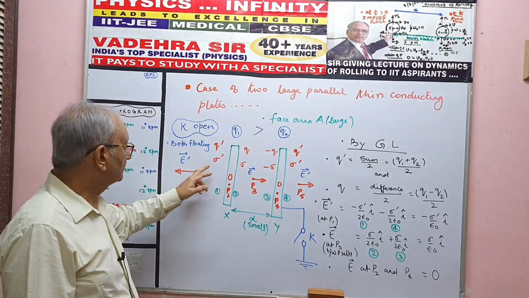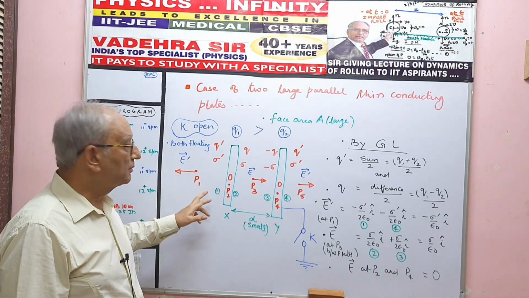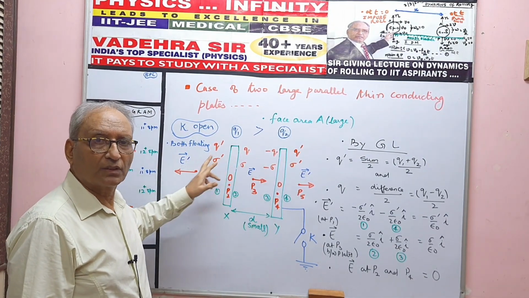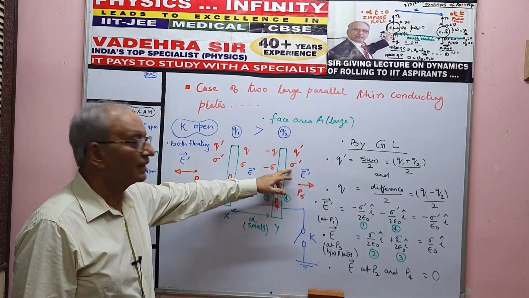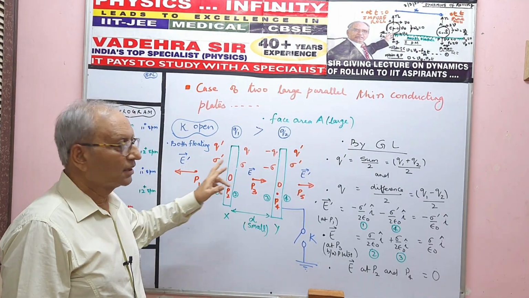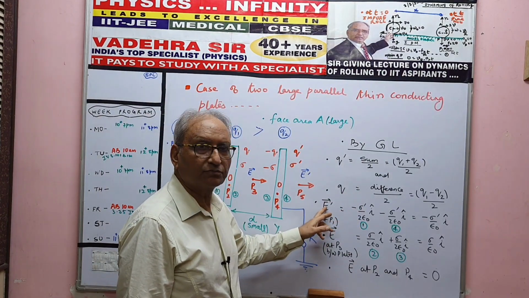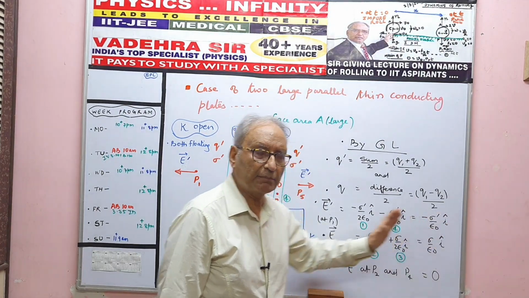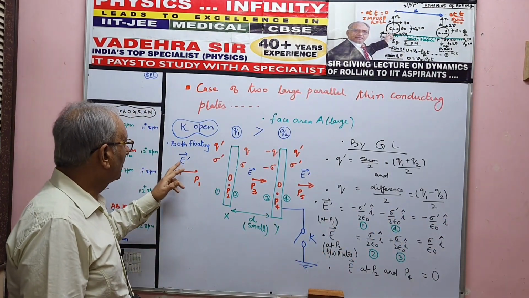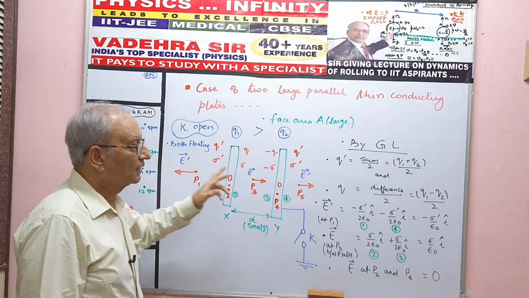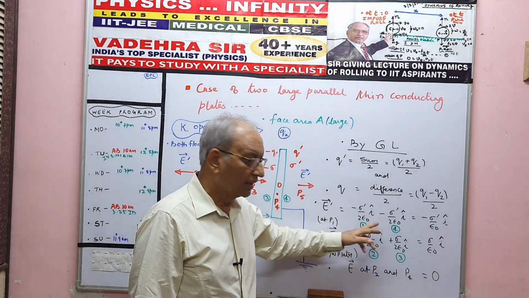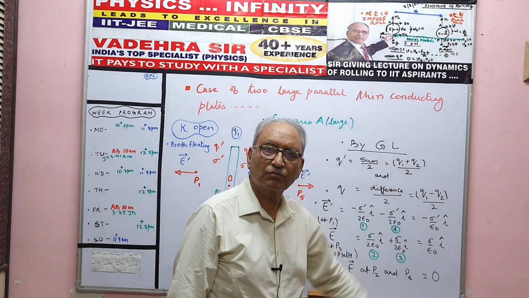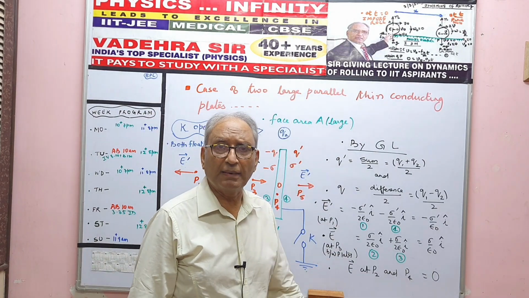So at P1, the field contributions from sigma and minus sigma will cancel, and the contributions from sigma dash and this sigma dash will add on to give me E dash as minus sigma dash upon epsilon naught I cap. So at P1 I have the field E1 dash, that is the contribution from face 1 and the contribution from face 4, and that comes out to be minus sigma dash upon epsilon naught I cap. Each face is giving, of course, sigma by 2 epsilon naught.